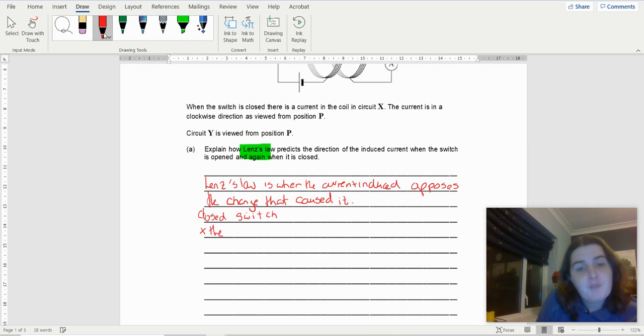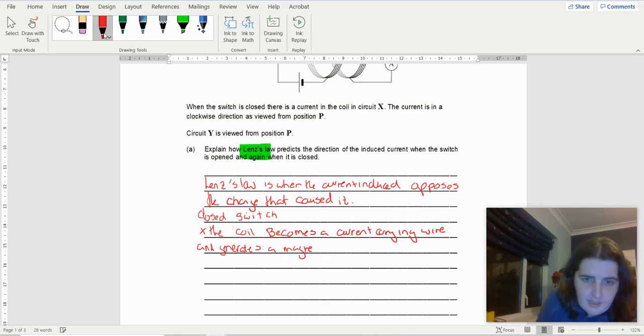So here, the coil becomes a current carrying wire and generates a magnetic field.